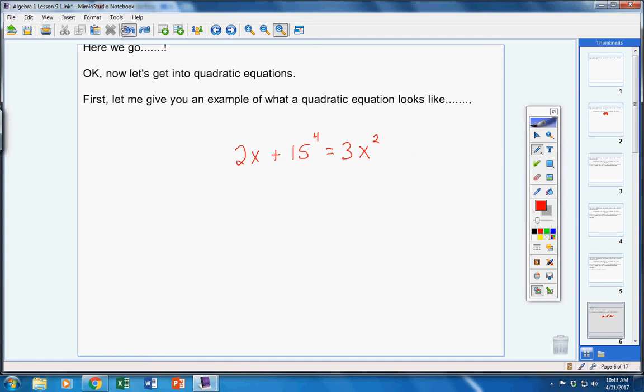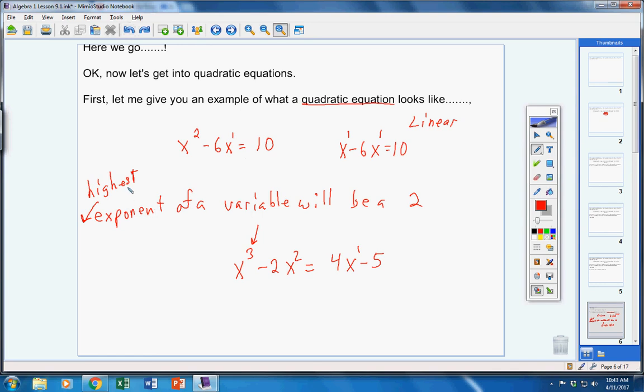Wait a second. Let's go back to that sentence I had you write down, okay? I said the highest exponent of a variable. That means a letter, a variable. So the only thing you're looking at, students, would be the variable, okay?